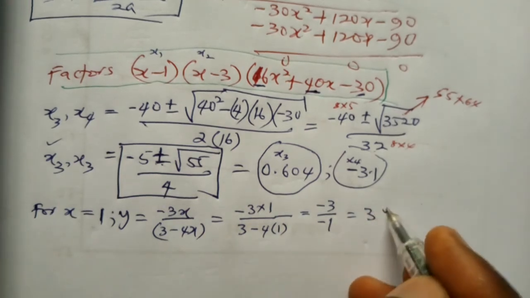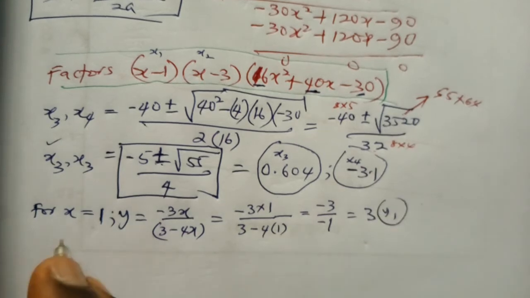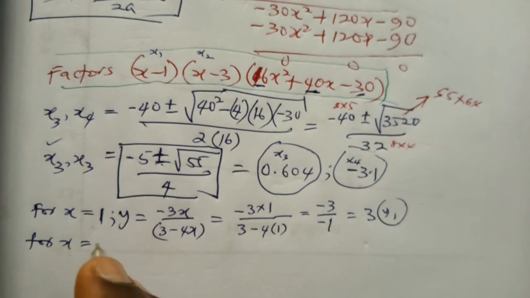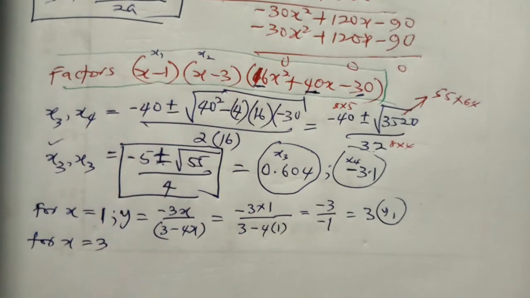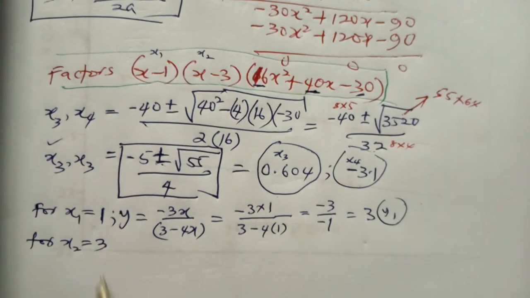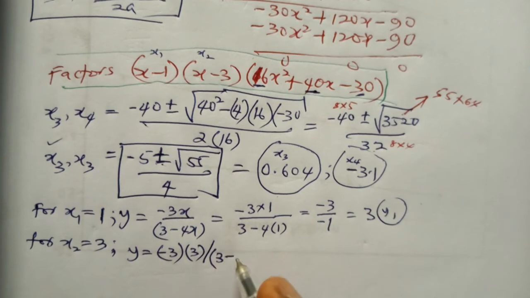That's y1. So for x equal to 3, the next one, that's x2, our y will be equal to minus 3 times 3 all over 3 minus 4 times 3.